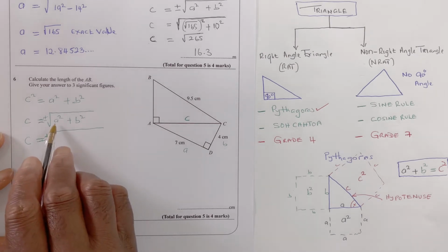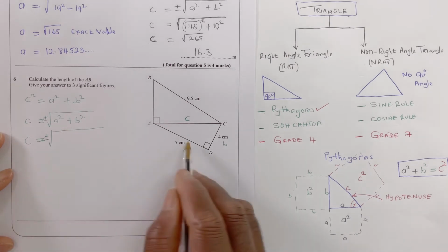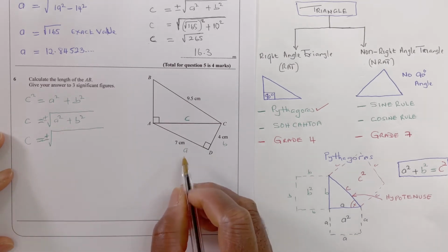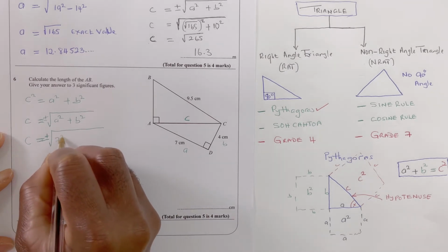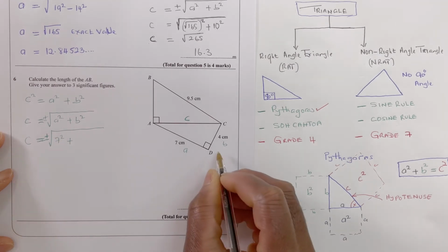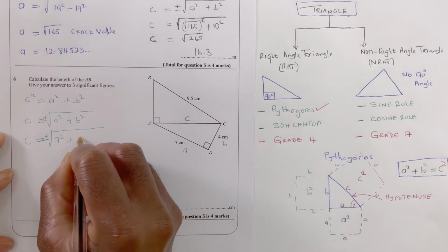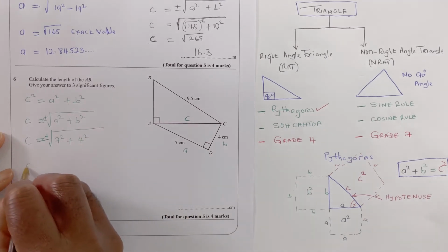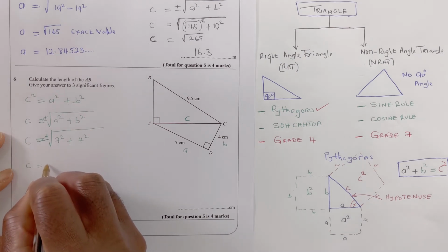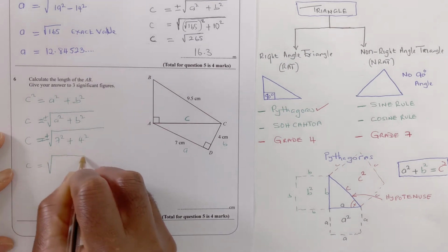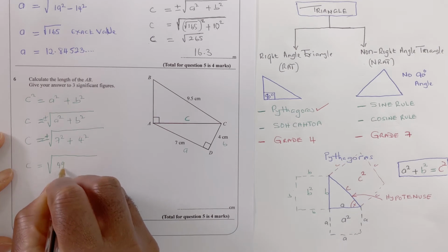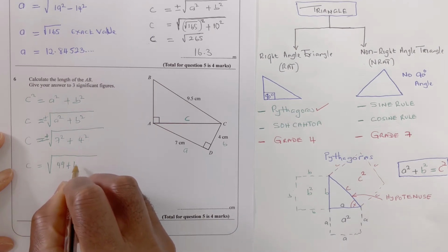So we can populate those variables with the values. A is 7, so I'm going to say 7 squared plus B is 4, that will be 4 squared. So C will be equal to root 49 plus 16.